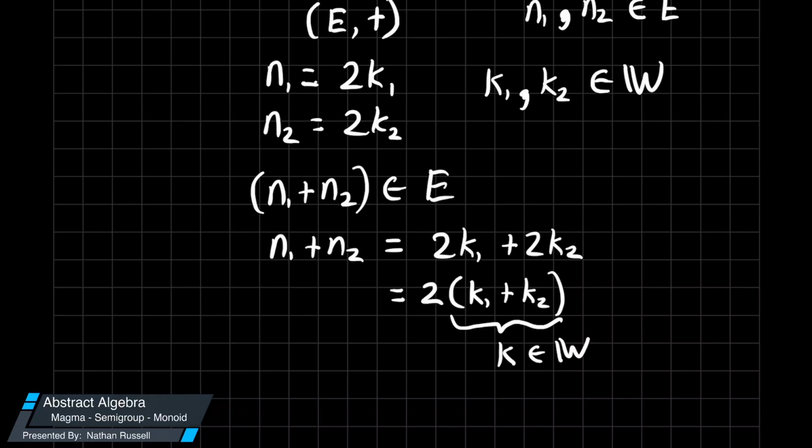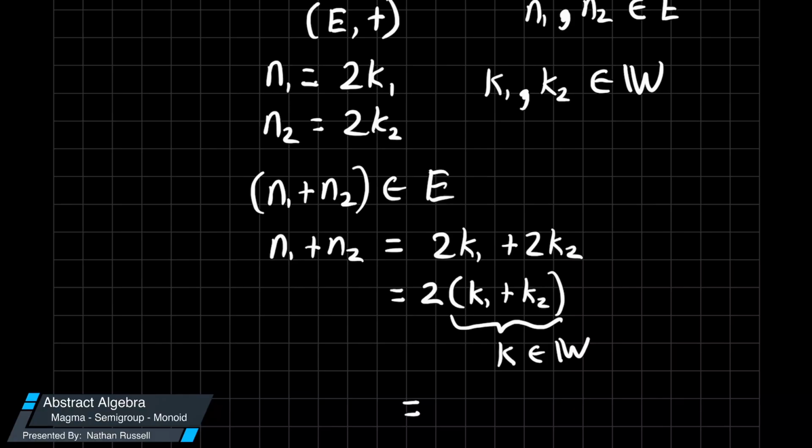Now, to be clear, I needed to have 2 distinct whole numbers, so that's the reason I said k sub 1, k sub 2. But now I'm making a broad statement that when you add k1 and k2, we don't actually care what the value is because we're just showing this in general to be true. That means we could just represent their sum as k, and we know k must be a whole number.